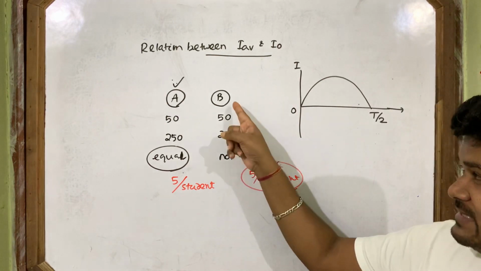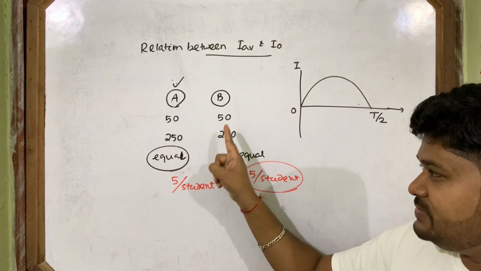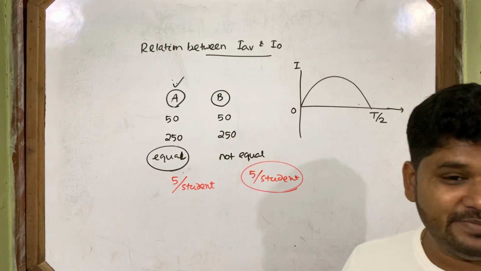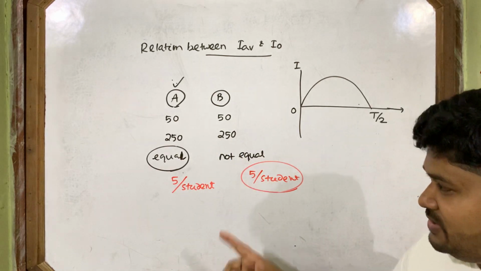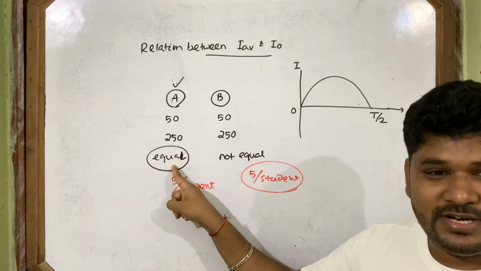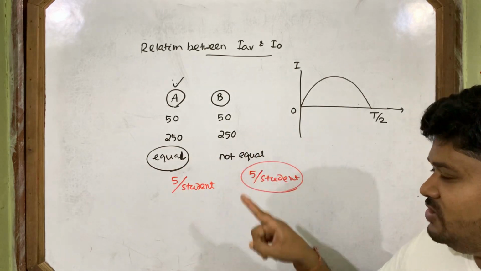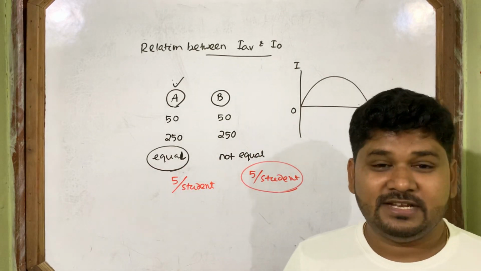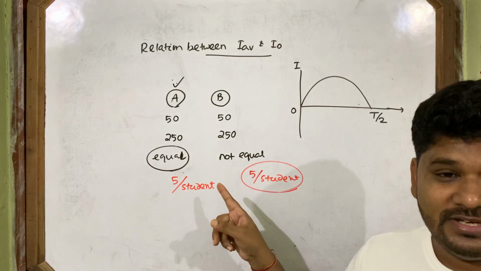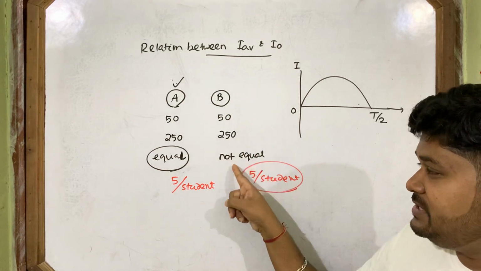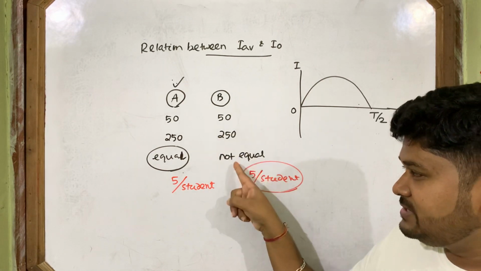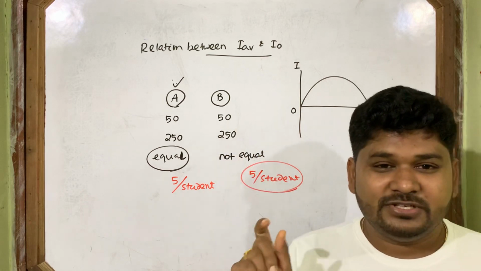Again I am repeating: section A and section B, 50 students each, 250 chocolates given on a special occasion. Here students take an equal number of chocolates, but here students take unequal numbers of chocolates. They snatch the chocolates from the class teacher. The class teacher of B is very weak in mathematics and can't calculate the average of how many chocolates per student.